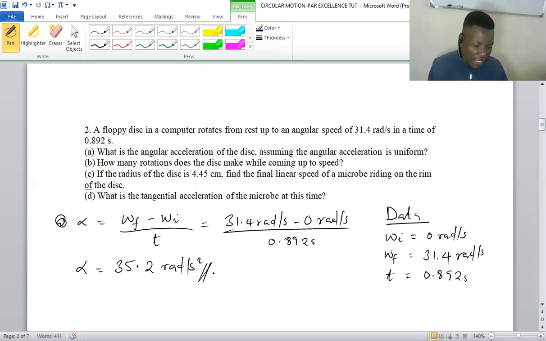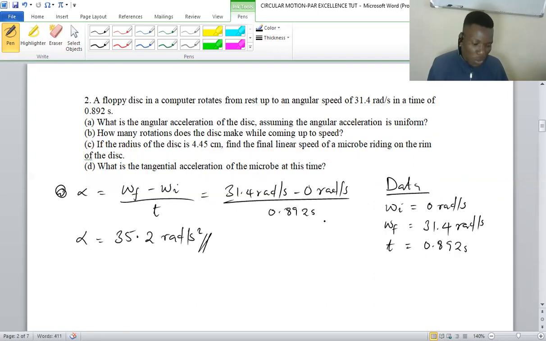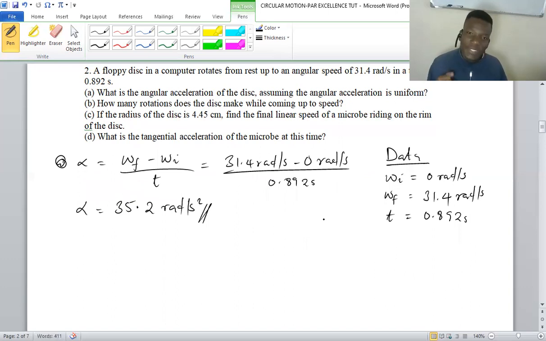You go to question B. It says, how many rotations does the disk make while coming up to speed? When we're talking of rotations, we are talking of revolutions. So here what we are trying to find is the angular displacement.